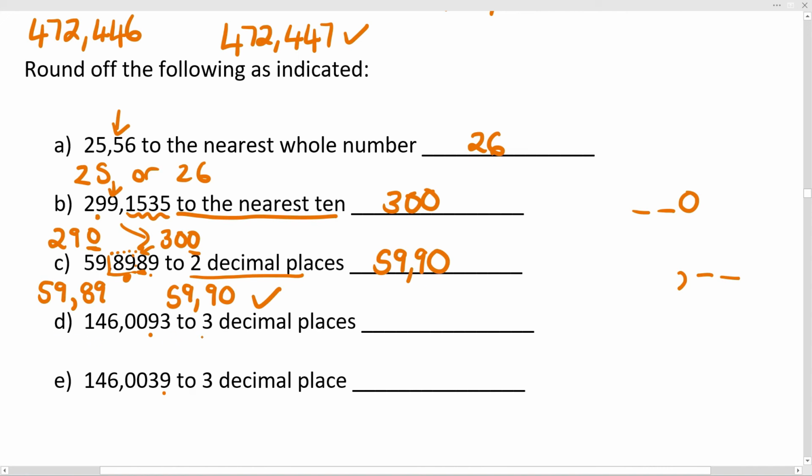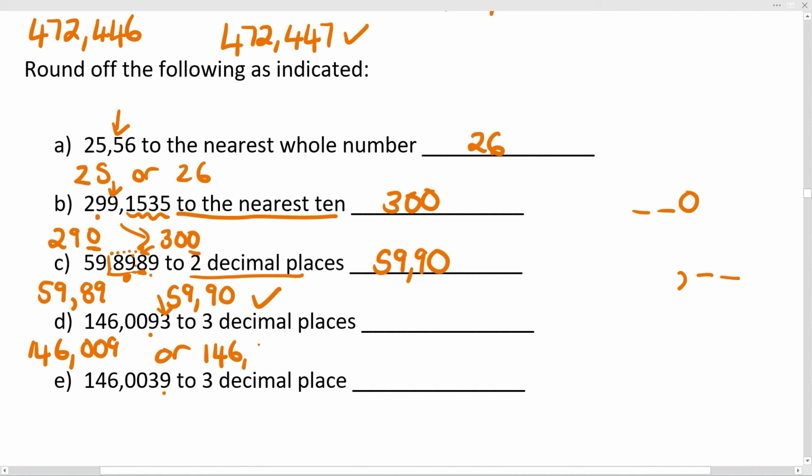Okay, for this one we're going to go 3 decimal places. So I'm going to look at the 9 and decide, does that change? And then the 3 needs to indicate, because that is the 4th decimal place. So I'm going to have 146,009 the way it is, or I'm going to have 146, okay, what will this be?